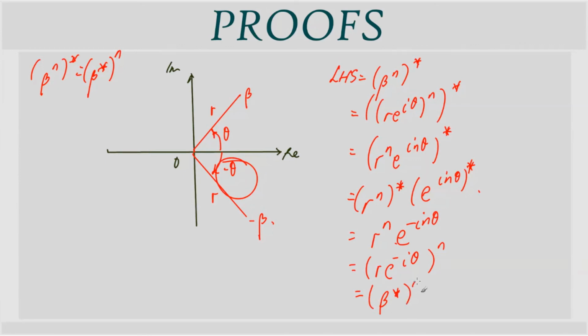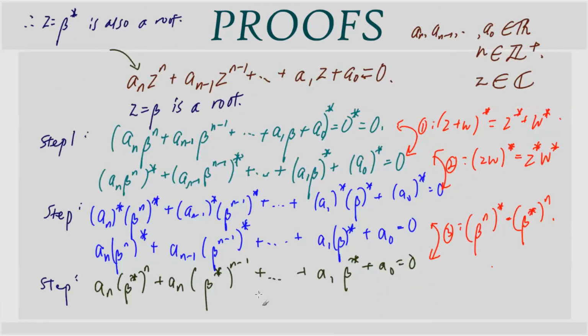It's the whole thing to the power of n. So knowing that a polynomial equation of degree n has n roots, and all the coefficients are real, take note, all the coefficients must be real, then given that z equals beta is a root, you can conclude 100% of the time that b conjugate is also a root.